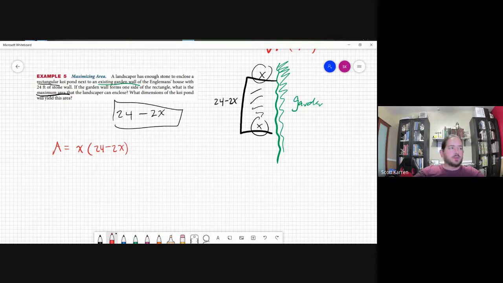But if I distribute the x, this becomes 24x minus 2x squared. And I can think of this as being negative 2x squared plus 24x. Right?